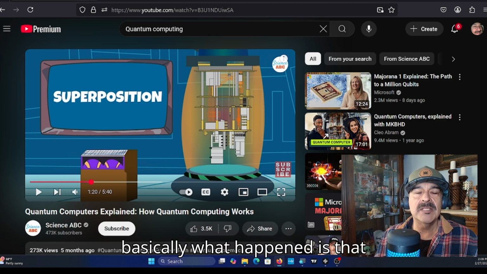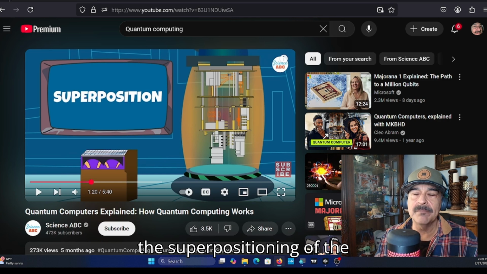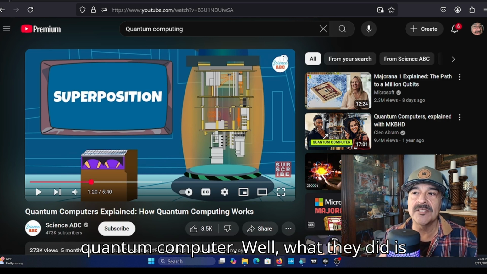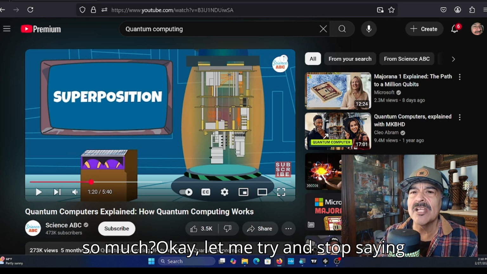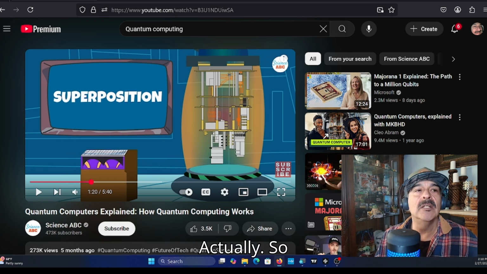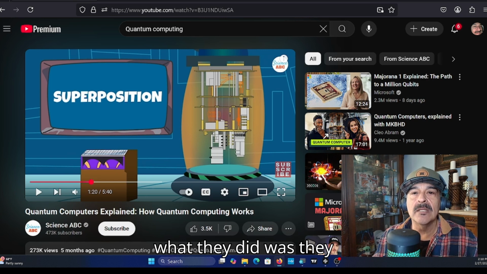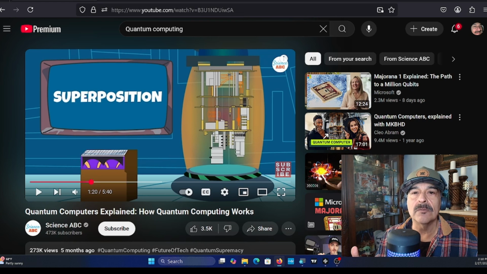So basically, what happened is that, with the superpositioning of the quantum computer, well, why do I say actually so much? Okay, let me try and stop saying actually because I do say it too much. So what they did was they had two computers, right?